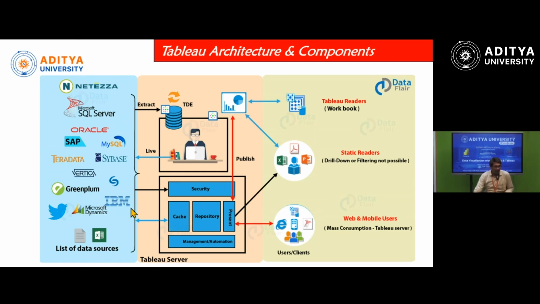So these are the different types of data sources available to us. Then from these data sources, the data is sent to your data warehouse, which is available as part of your Tableau desktop.